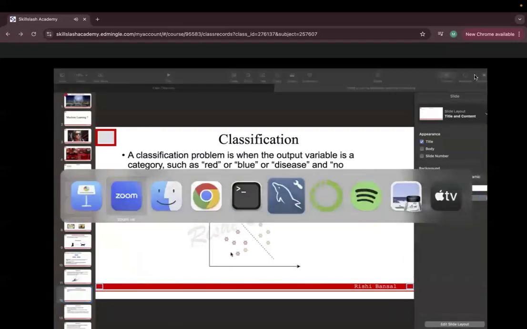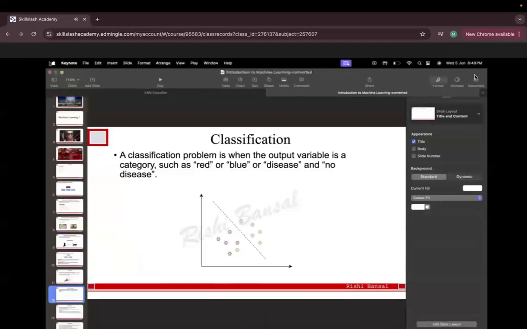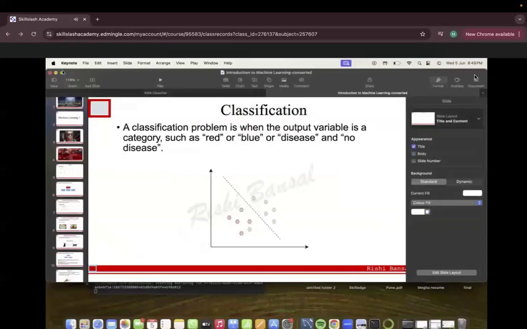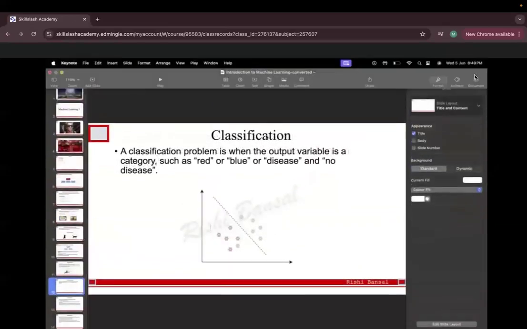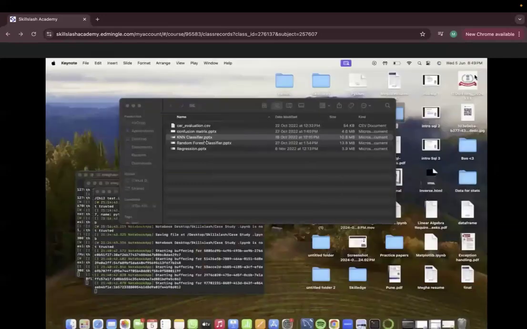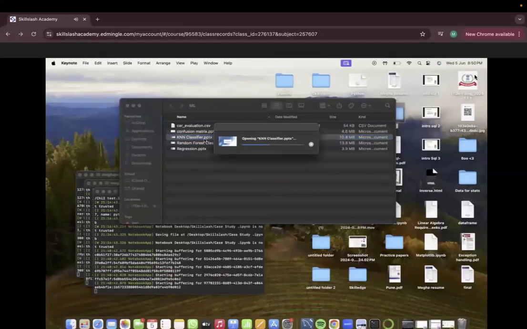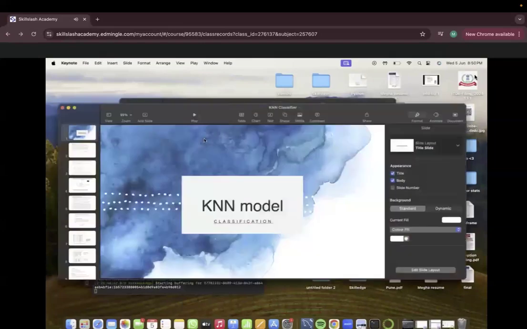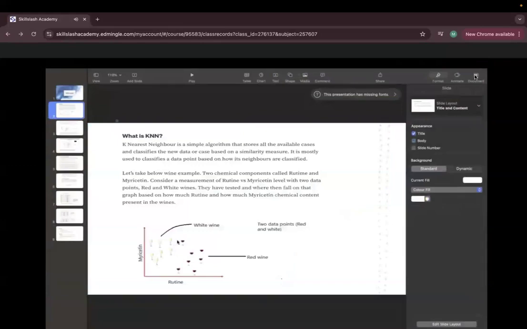Coming back to the point, we were talking about k-nearest neighbor, right? Is it an outlier? No, it's not an outlier. As I have shown you, the chemical component is required for judging whether it is a red wine or white wine. There is a possibility that a chemical component might be higher in this particular glass. Let's say my myrisine is higher in this case where butane is a bit less.